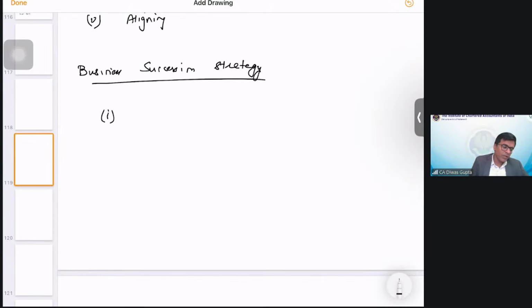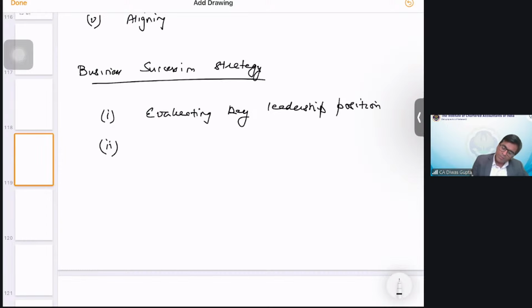This is about evaluating key leadership positions. First, we need to identify which are the key leadership positions without whom the business, or let's say the function, might not exist, right?